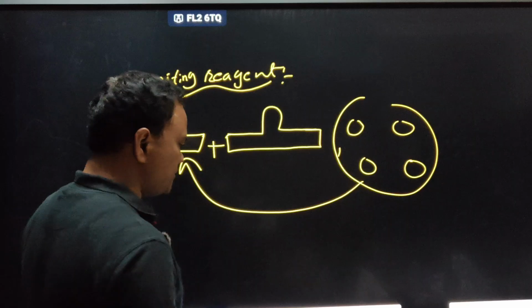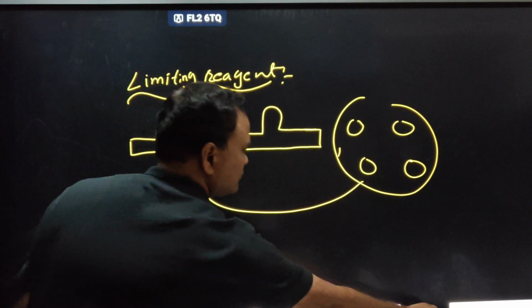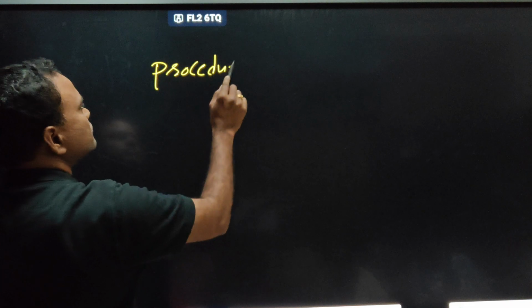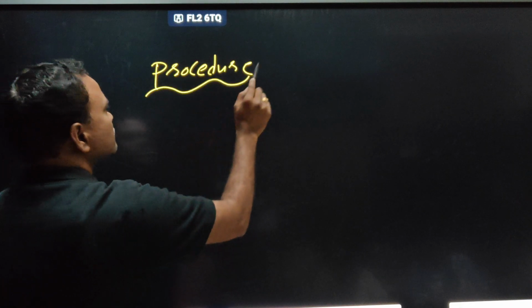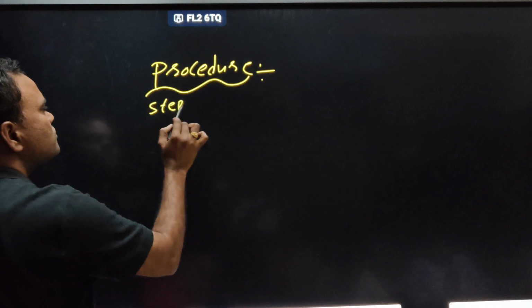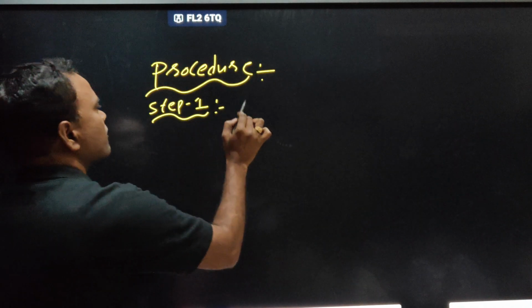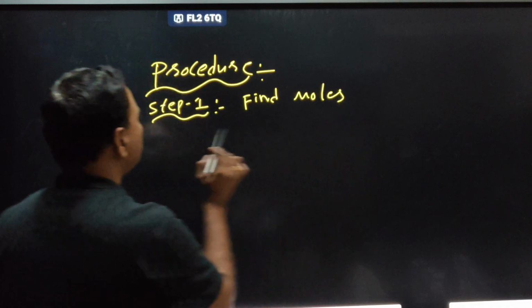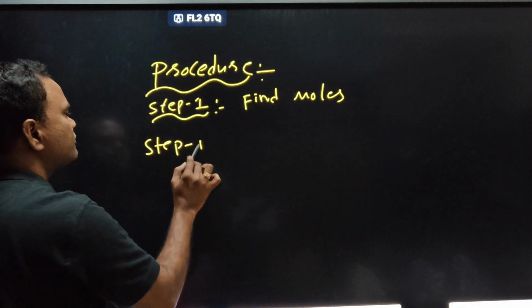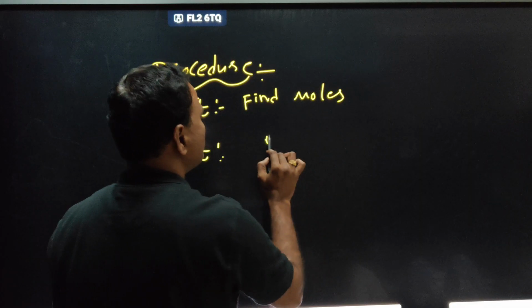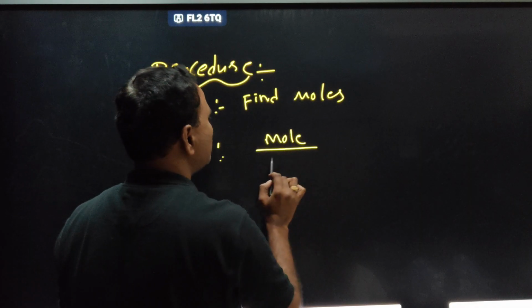Procedure to find limiting reagent. Step 1, find moles. Step 2, divide mole with coefficients.